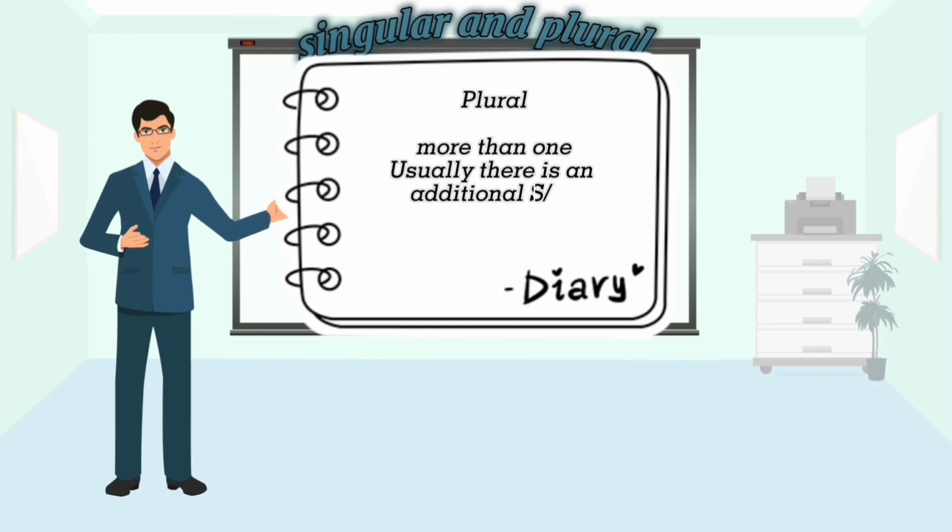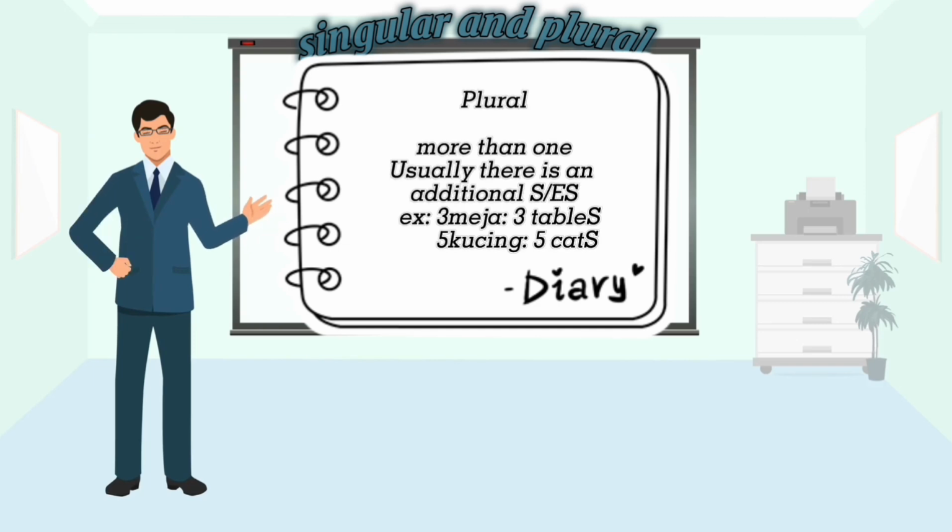And plural nouns are used for nouns with more than one. The most common characteristic is that nouns with more than one usually have an additional s or es at the back. For example, three tables.